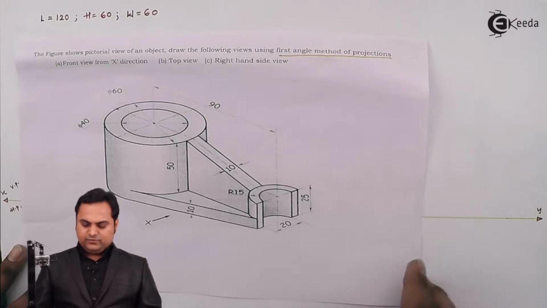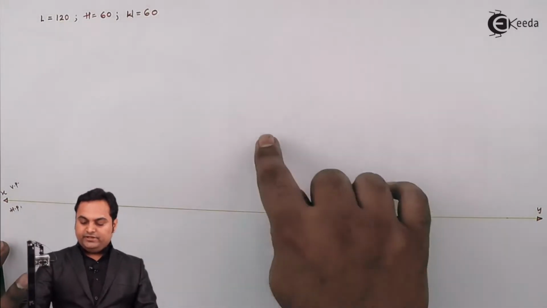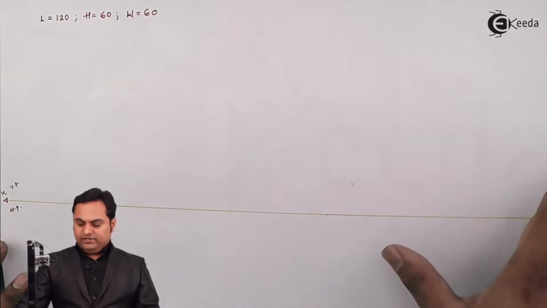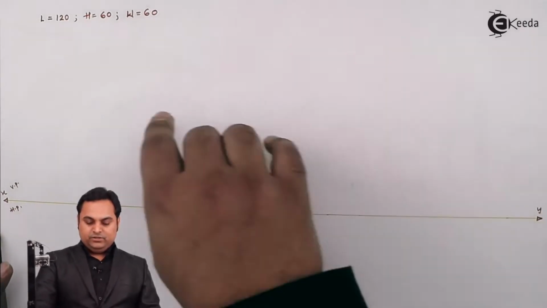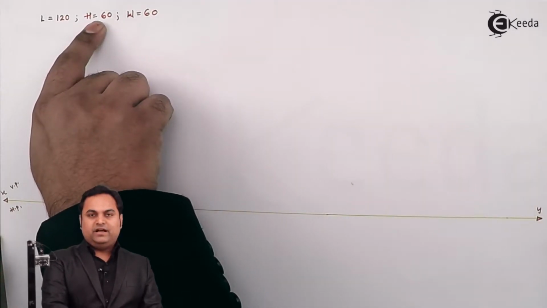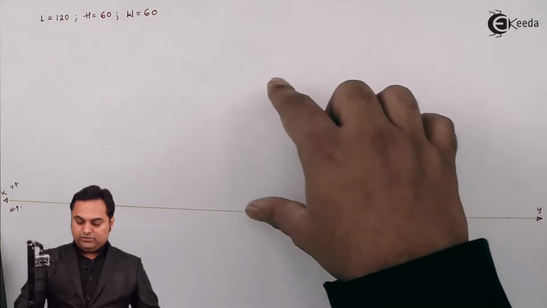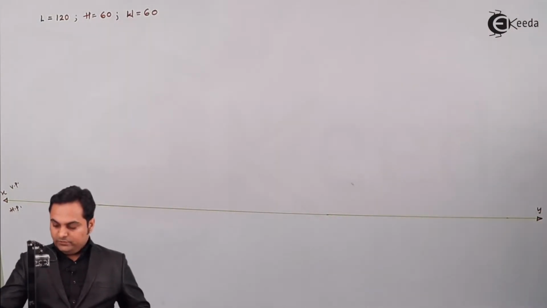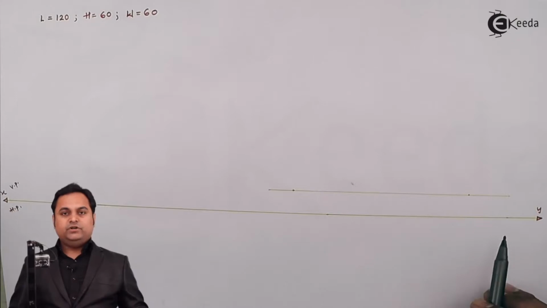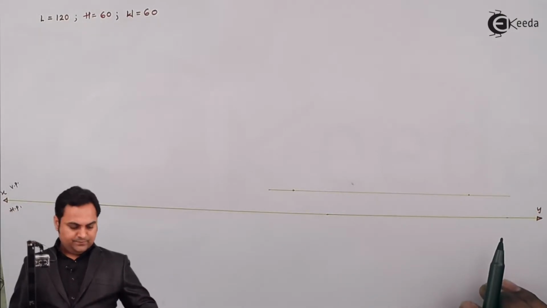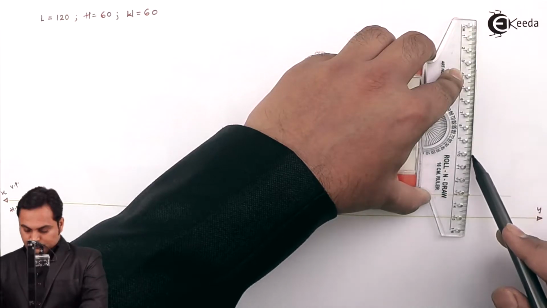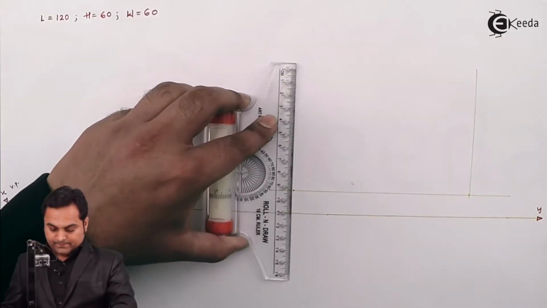It means I'll start with the rectangle first, that is drawing a rectangle here. That will give me the total length and height. Total length is 120 and total height is 60. So first I'll draw the rectangle for that of 120 by 60. The length is 120, height is 60 mm. Drawing a light vertical line.